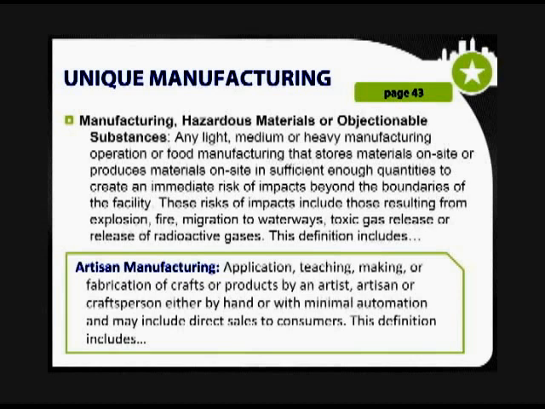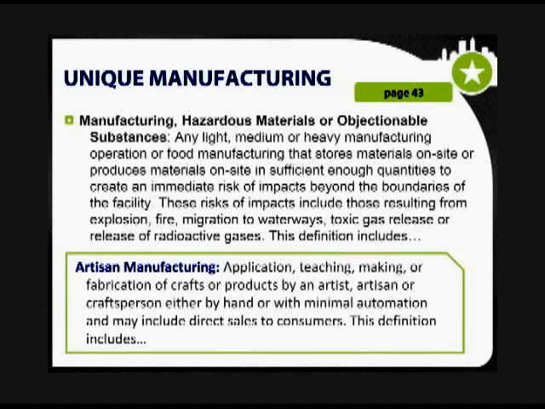The one I like to think about is the bike manufacturer out on the west side who makes bikes for professional cyclists. Makes about 12 bikes a year. I can't even imagine what they cost, but that's the kind of manufacturing we're thinking of when we talk about the artisan manufacturing.